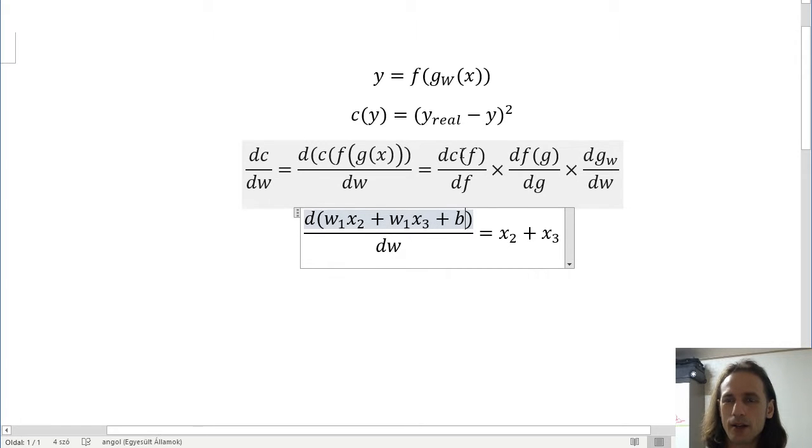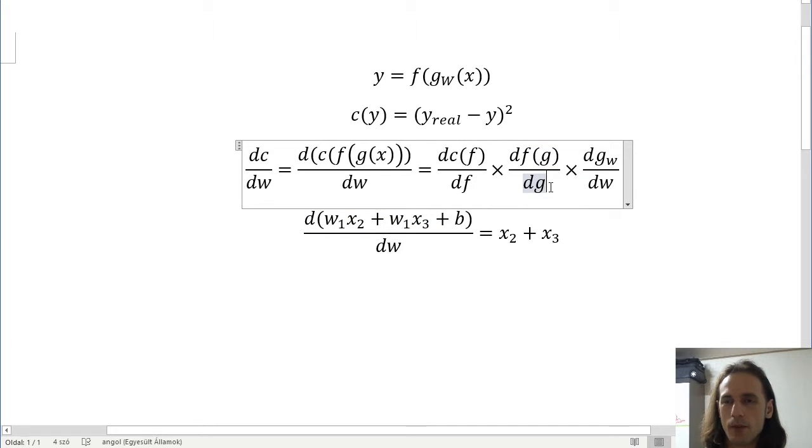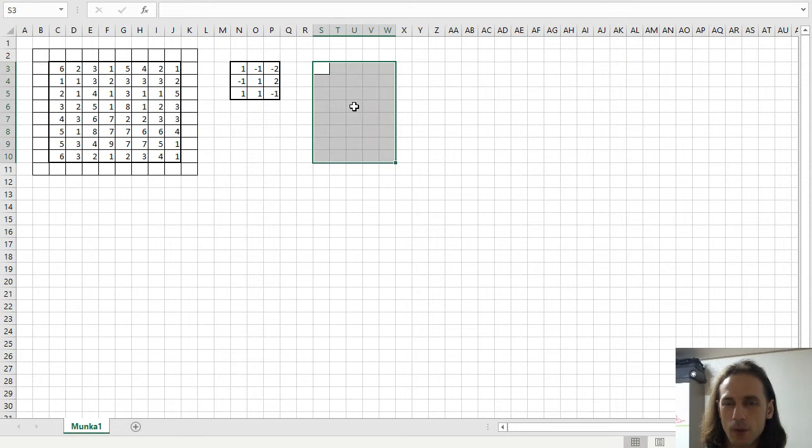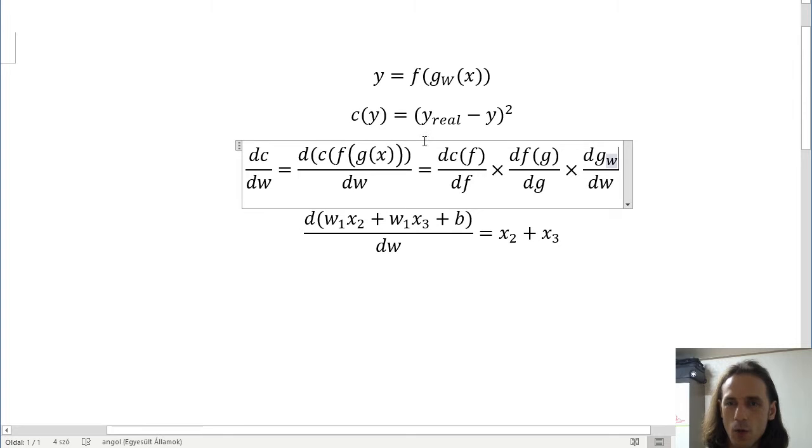What we will get is the derivative by y, where GW is what our convolution will have as the y matrix or y tensor, and then we get the derivative by that y.